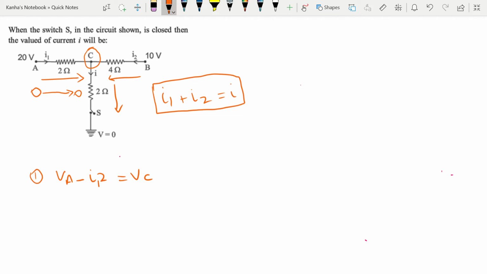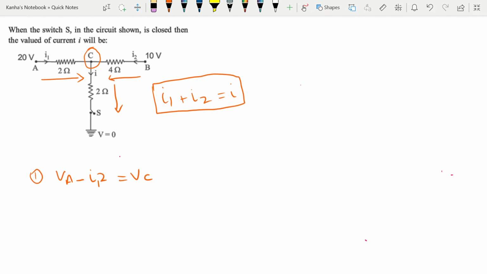So if this point is, let's say, X, and this point is Y, then you have Vx minus whatever potential drops keep happening, and that is equal to the final potential that you get at the end. This is the basic idea.